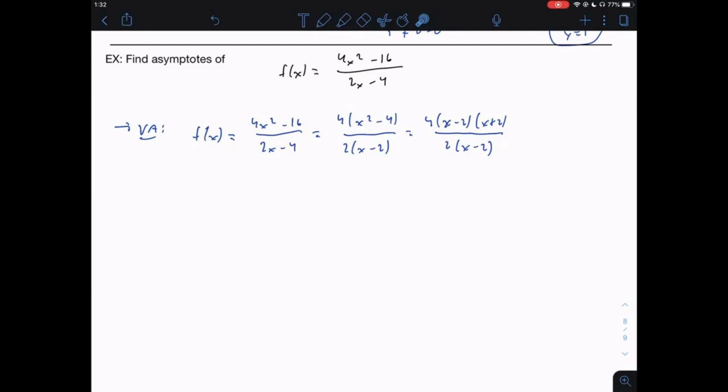So now, what do we notice? We have x minus 2 on top and the bottom. These two will cancel out, so we can cancel out that common factor. But what else do we see? We have a 4 and 2 in common here as well. So we can simplify that. So this 4 becomes 2, and this 2 just becomes 1.